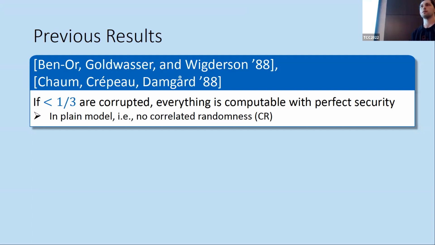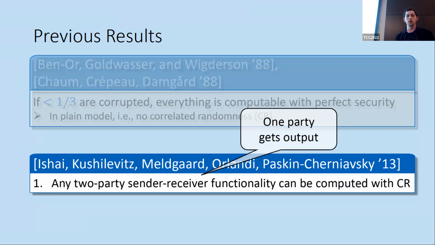And this even holds in the plain model without correlated randomness. In the two-party setting, we have the result by Shai, Kushilevich, Melgard, Orlandi, and Paskin-Cherniavsky, and they showed two results. The first result shows that if only one of the parties is supposed to receive the output, then any functionality can be computed given the appropriate correlated randomness.